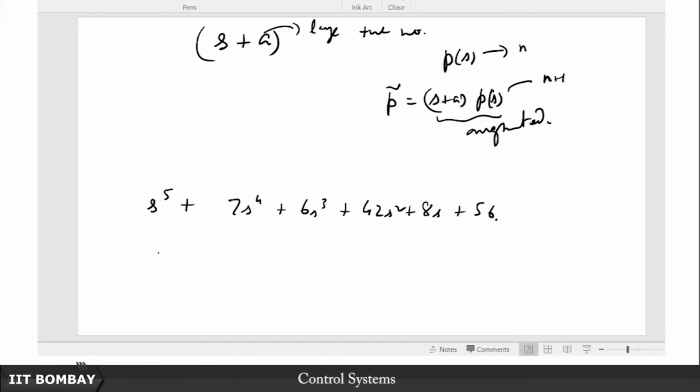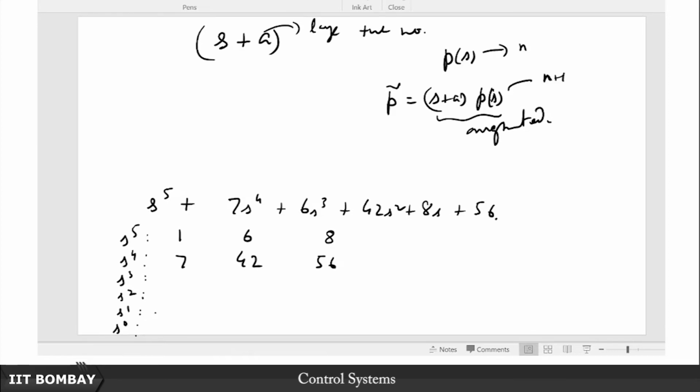Let me quickly cook up the Routh table, since by now we have grown used to this Routh array. The first row will be 1, 6, 8, the second row will be 7, 42, 56. What about the third row? The third row would be 7 times 6 minus 42, divided by 7.